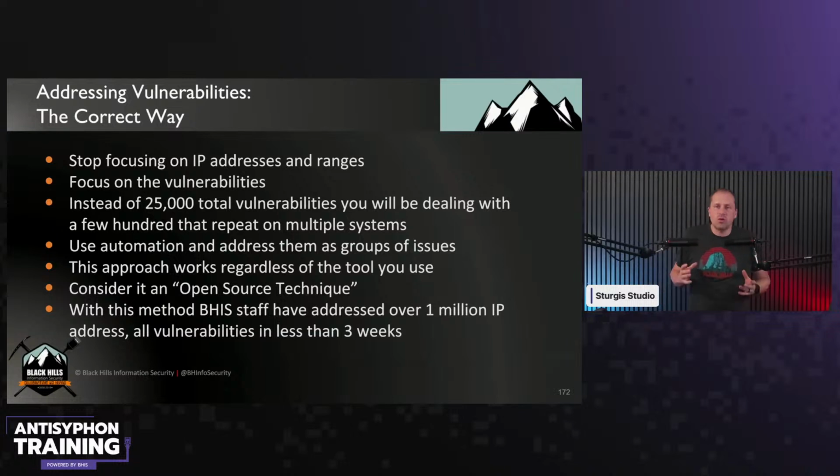And at BHIS, we are one of the few organizations that I know of that has tested 1 million live IP addresses. We addressed all vulnerabilities with 2 testers in 3 weeks. 2 testers, 3 weeks, all criticals, highs, mediums, lows, and informationals. And the company that hired us had hired other large pen testing firms that they had brought in year after year.